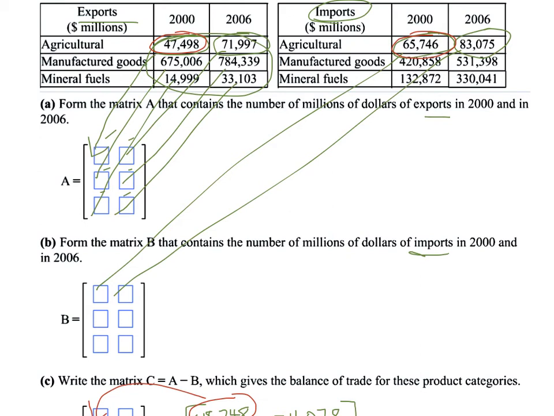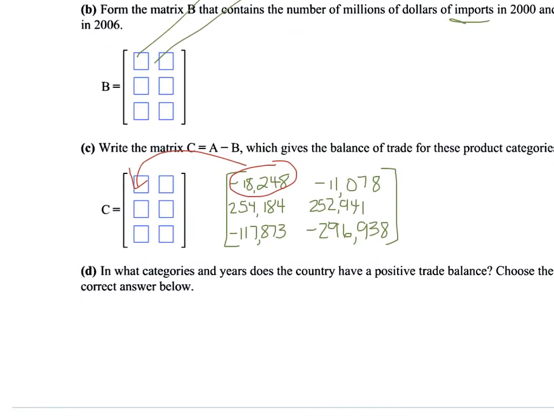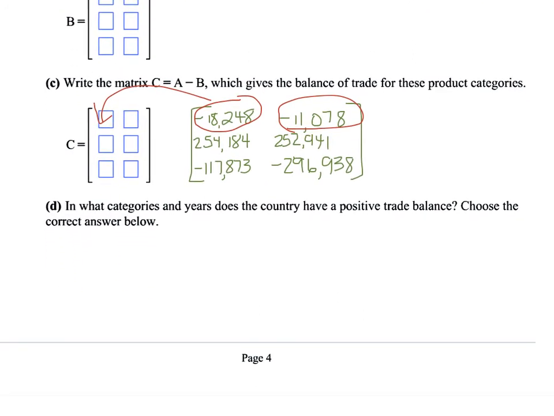And then in 2006, again, it was still negative, because 71,000 minus $83,075 turned out to be negative $11,078. So we'll go on to part D and answer the question here. It says, in what categories and years does the country have a positive trade balance?